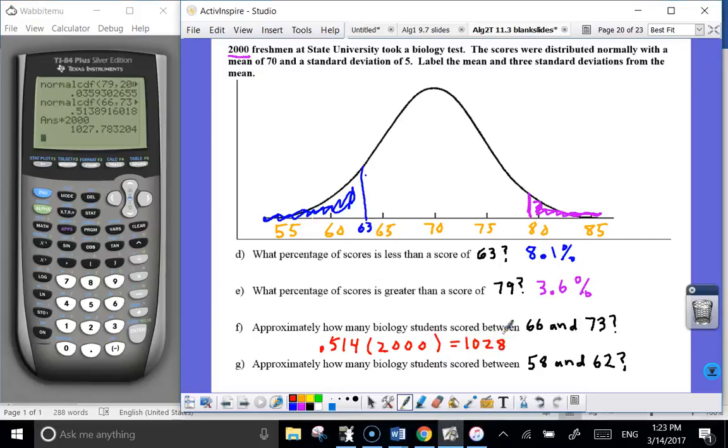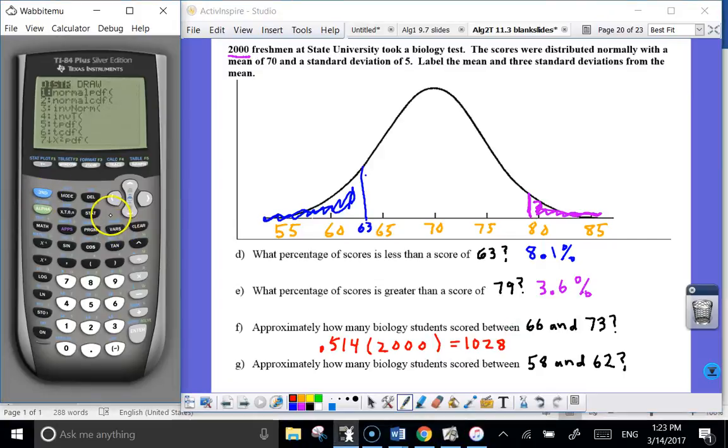Okay, how many students scored between 58 and 62? Second vars, 2. 58, 62, enter. It looks like 0.466.